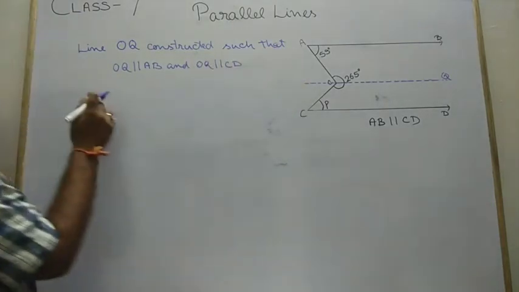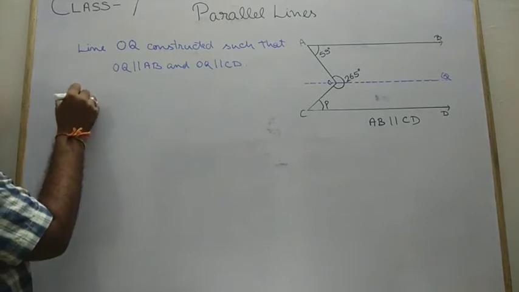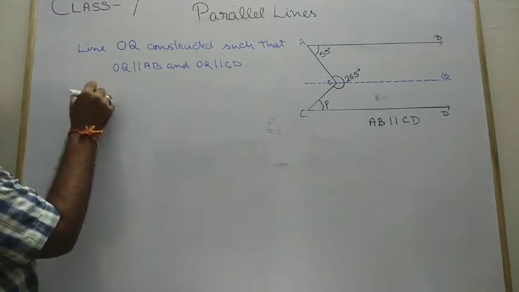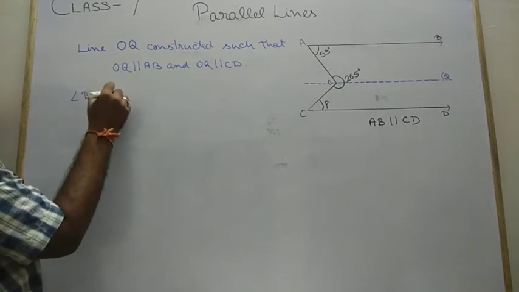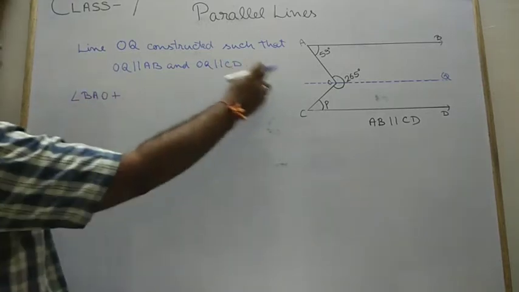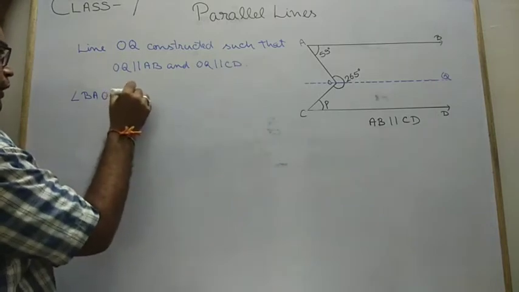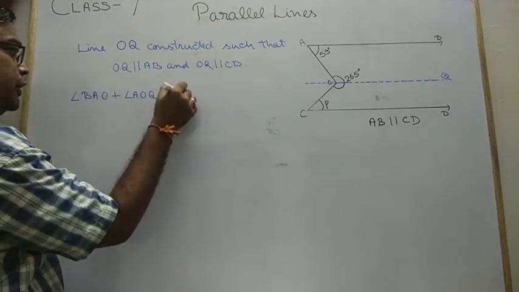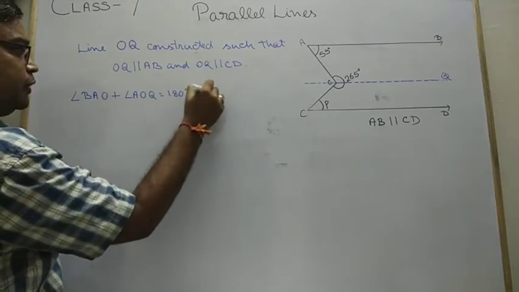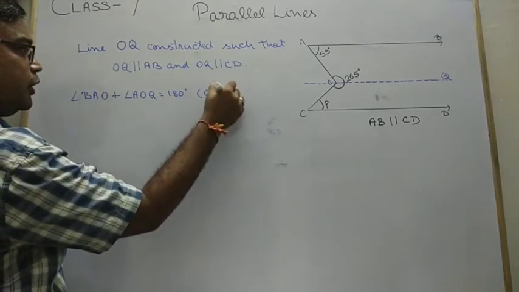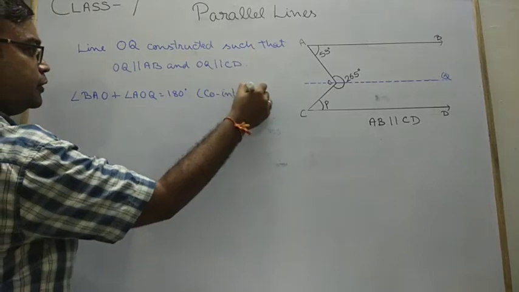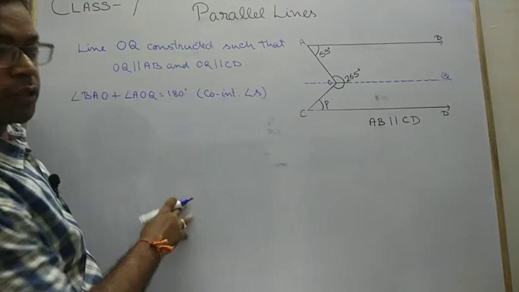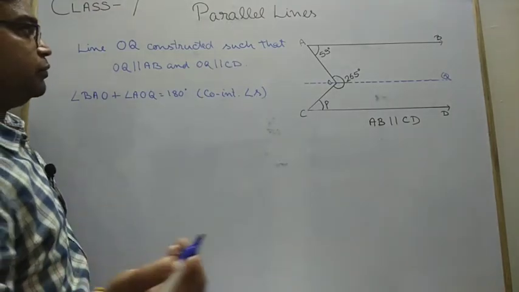Here we can write angle BAO plus angle AOQ equals 180 degrees. Why? We know that these two are co-interior angles and they are supplementary to each other.